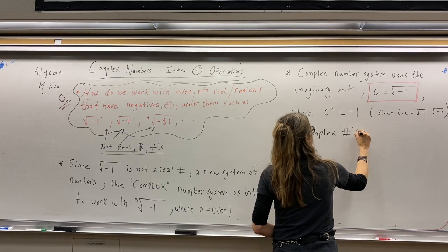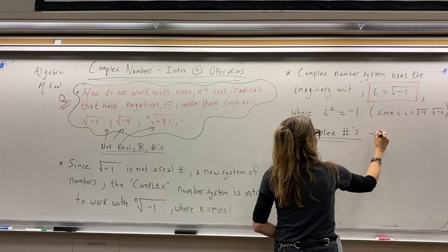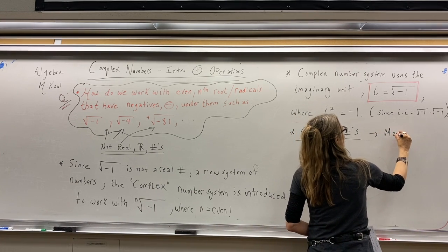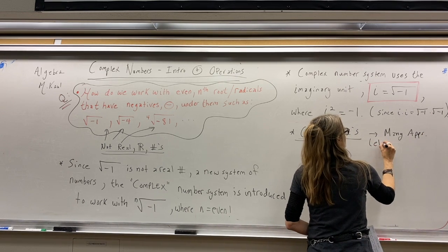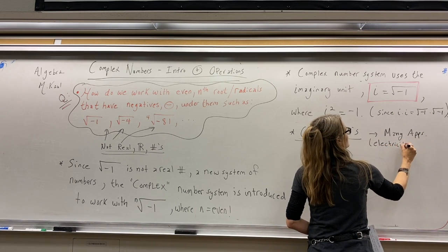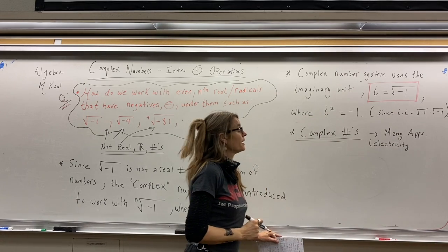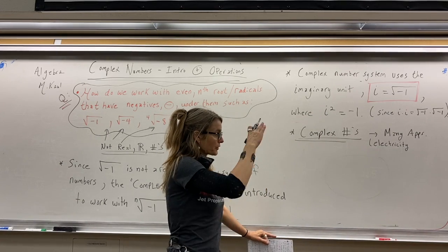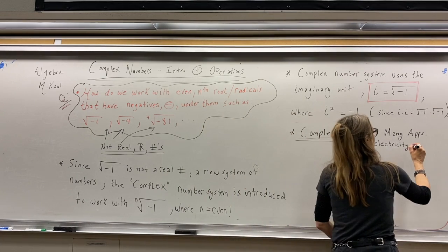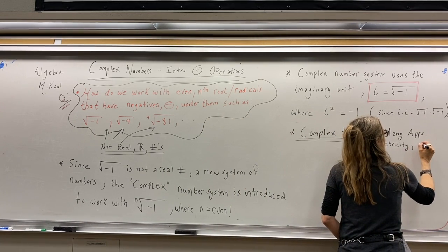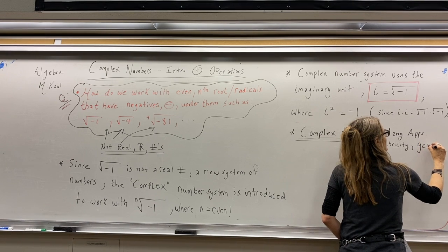Complex numbers have many applications. We have electricity. It comes up in AC circuits, the fluctuation of the current. We use it for current values. Fractal geometry, so there are different applications in geometry.